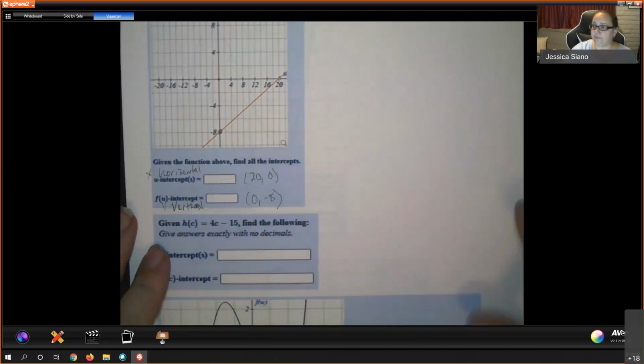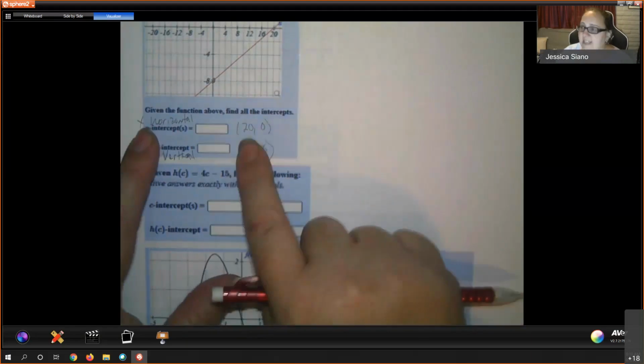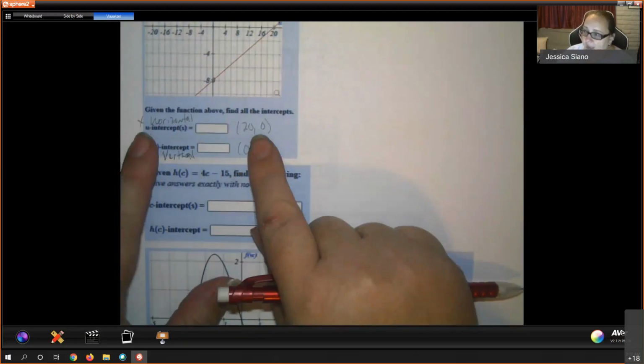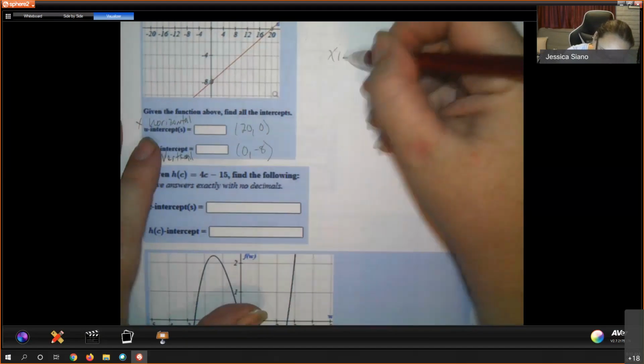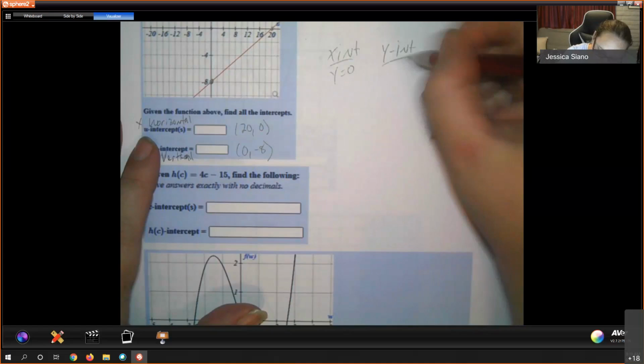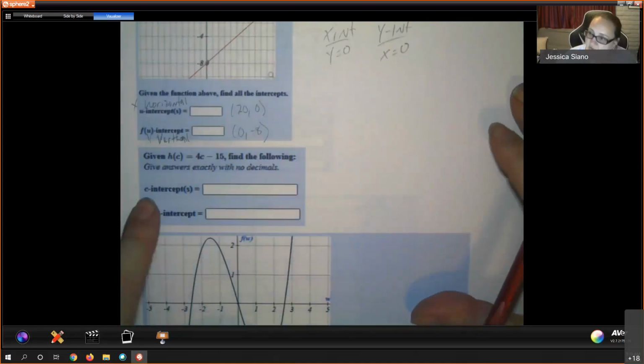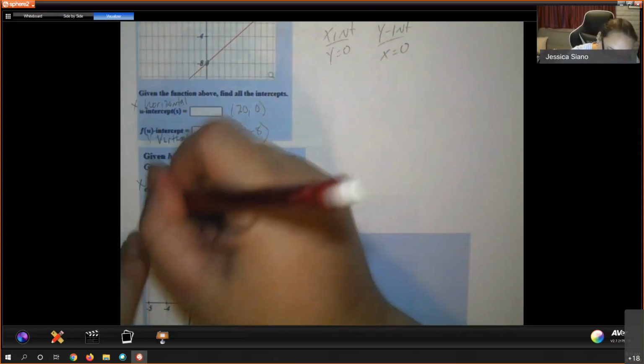Okay. So then looking at this, the x-intercept is the place where y = 0. And the y-intercept is the place where x = 0. So here, remember this is x and this is y.